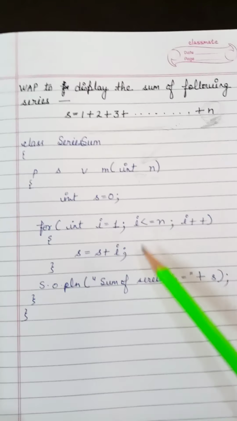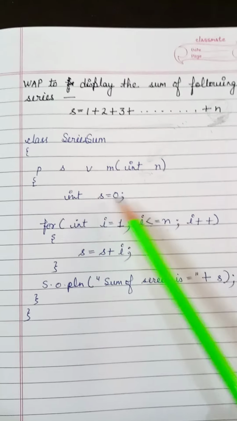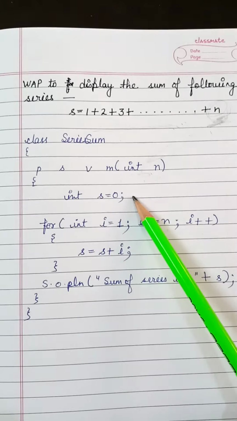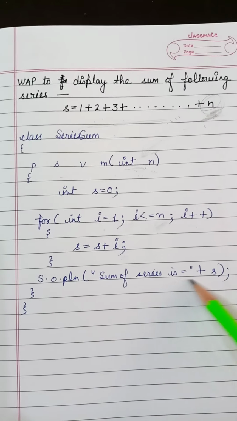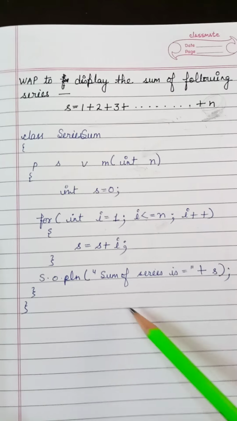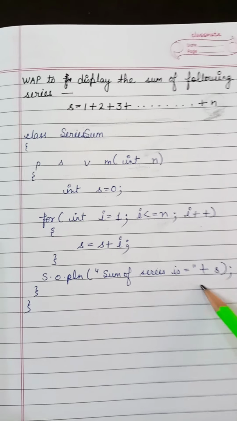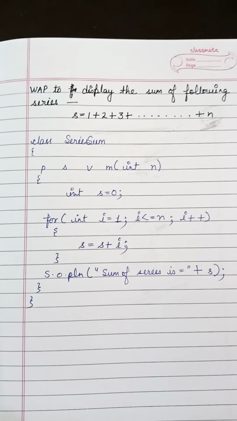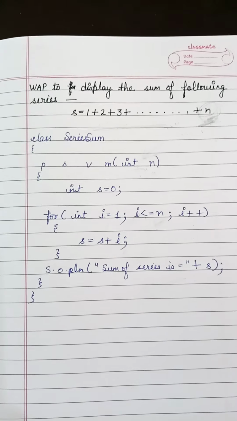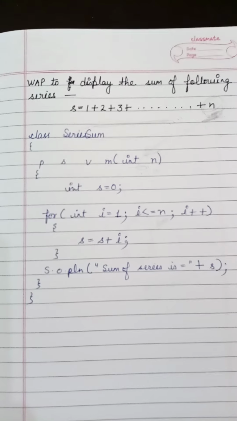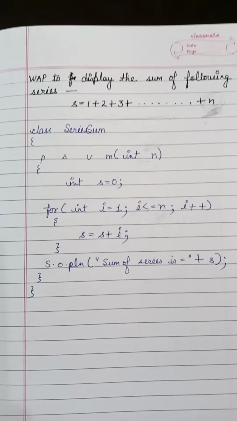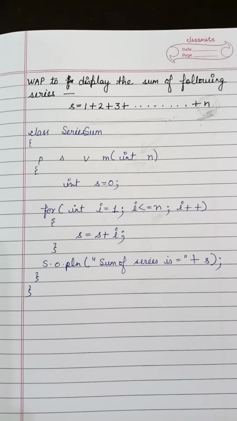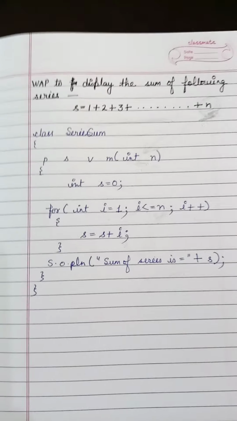The rest of the coding will be the same: S equals 0, S equals S plus I. This loop will execute till n, and after the loop execution, we print the final value of the sum of series over here. You need to practice more and more programs based on sum of series or printing series, as you will get these kinds of programs in class 10th and in 9th finals also.